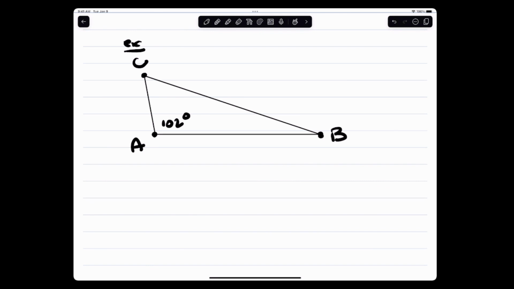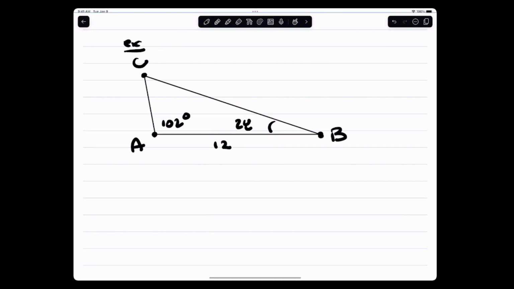And this is 12. And then maybe this is B. 7. This is going to be 28 degrees. All right.